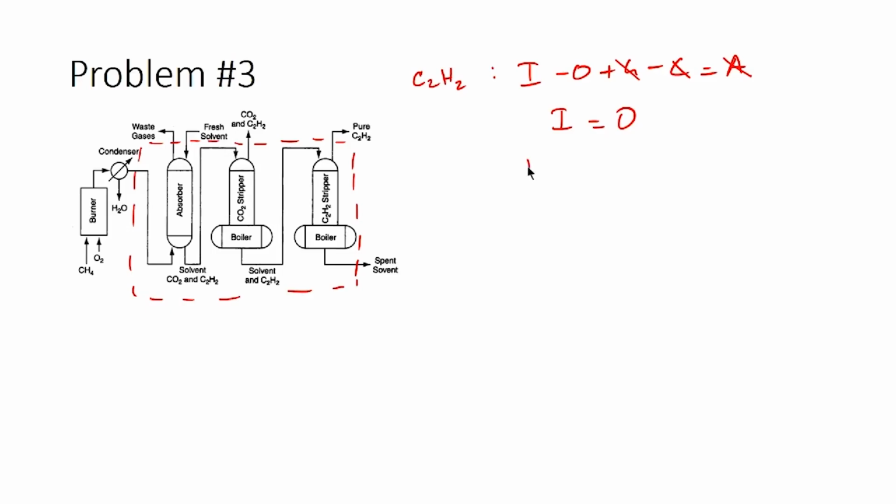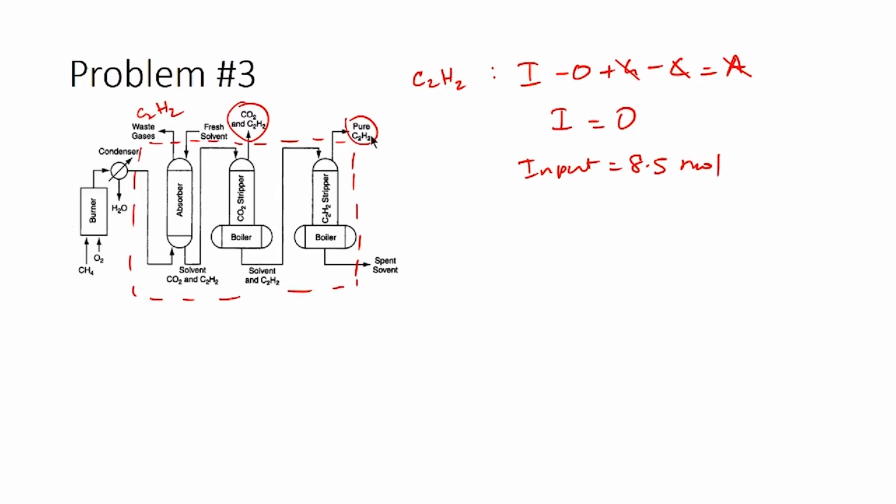So, the input is 8.5 moles, which we already know based on the information given in the problem. Now, we need to identify the different output streams. Acetylene is leaving through the waste gases, and it is leaving here, and here. So, there are 3 different output streams for acetylene. We need to identify how much acetylene is leaving through individual streams.